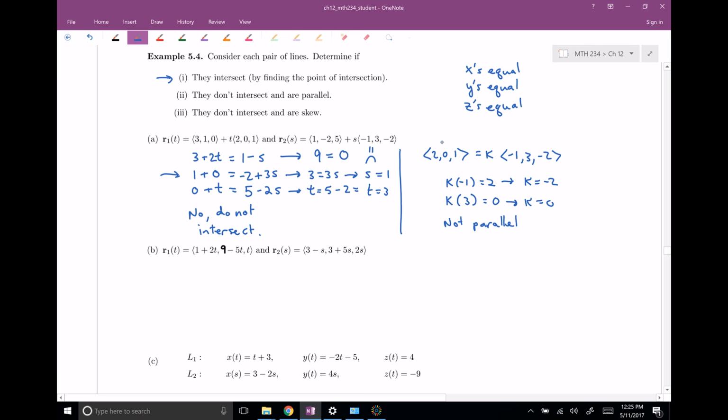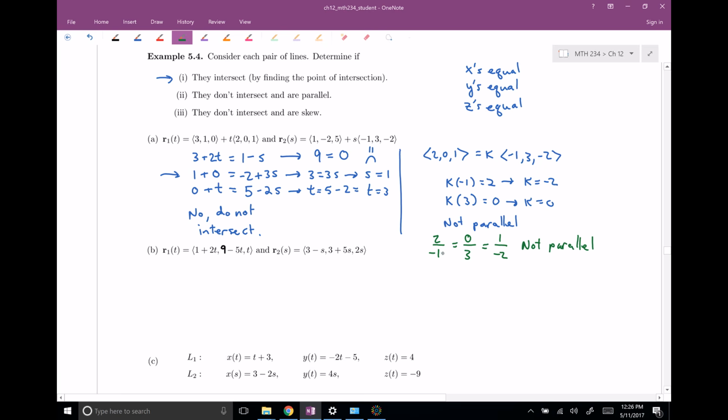So, okay, if I was to solve for k, let me use maybe green here, I would have 2 divided by -1 needs to be equal to 0 divided by 3, which needs to be equal to 1 divided by -2. Are all of these equal? Well, this one's equal to -2, this one's equal to 0, this one's equal to -1/2. No, they're not equal. So, this is another way to say that they're not parallel.